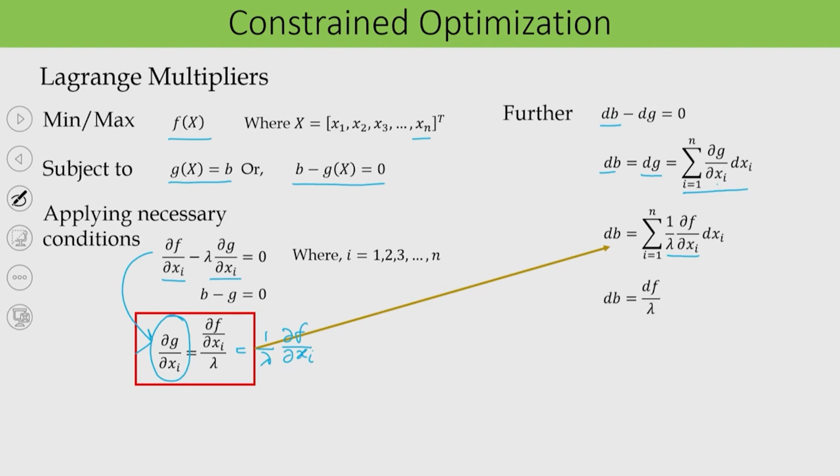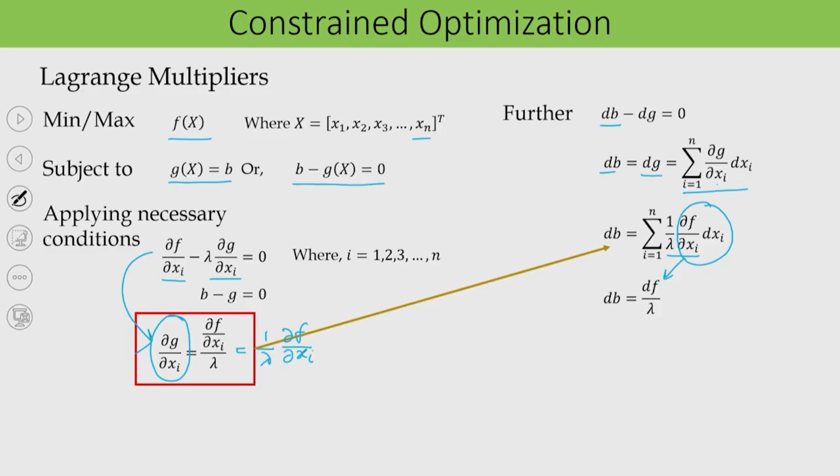Now, what is this term? It is nothing but the total derivative of the objective function, so this term is equal to df.